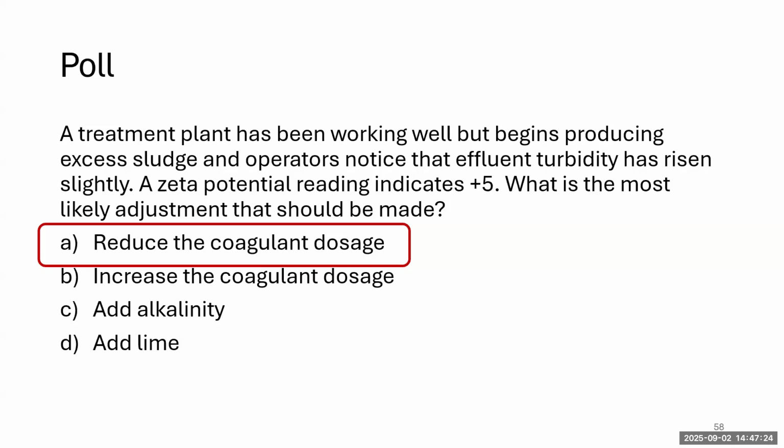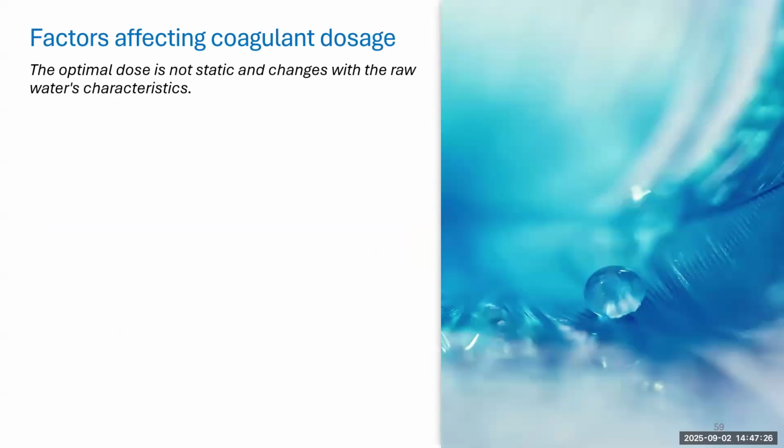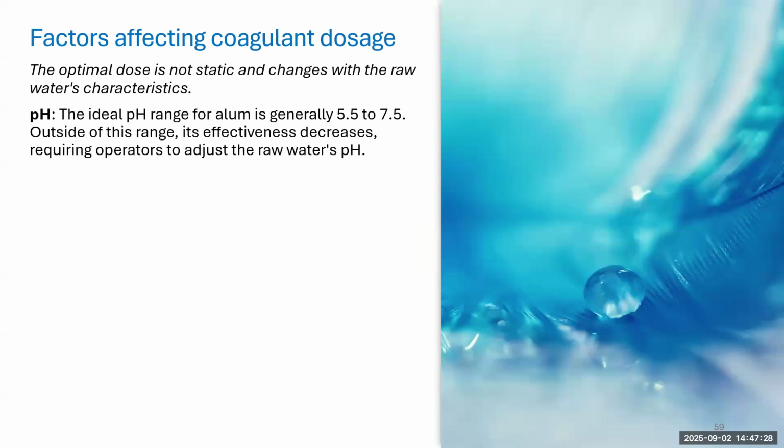So I hope that was a good thinking exercise for you. There are some other factors that affect the dosage here, and we'll think about this as we summarize this section. pH makes a difference, depending on what kind of coagulant you're using.